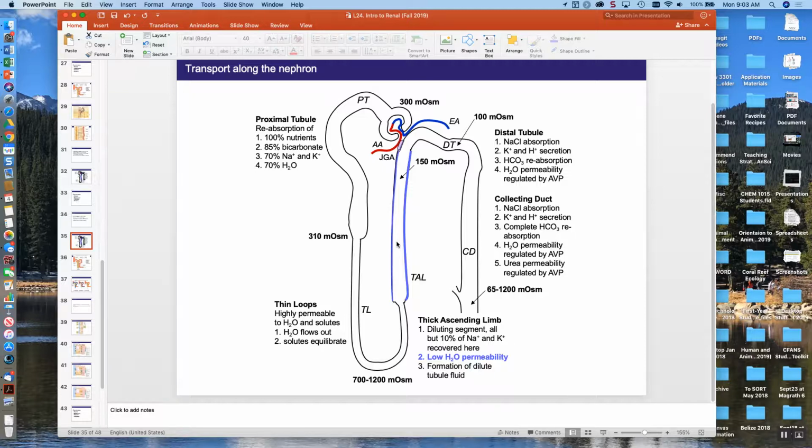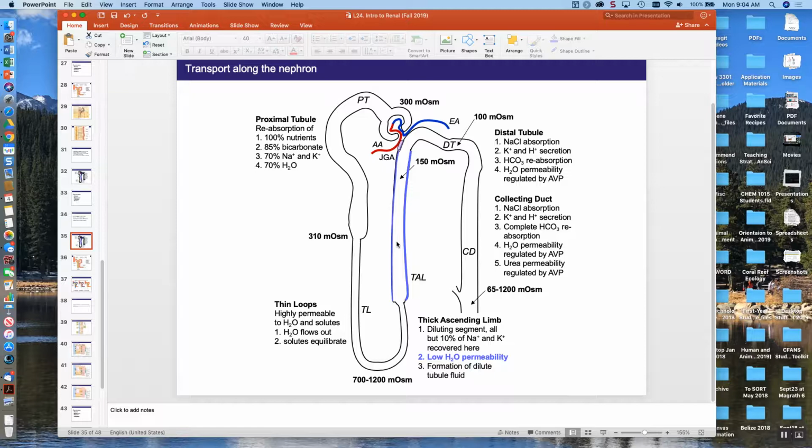I'm going to draw another one here. At the top, if we only have 150 milliosmoles, and the outside has a greater concentration, which way will the water be going?